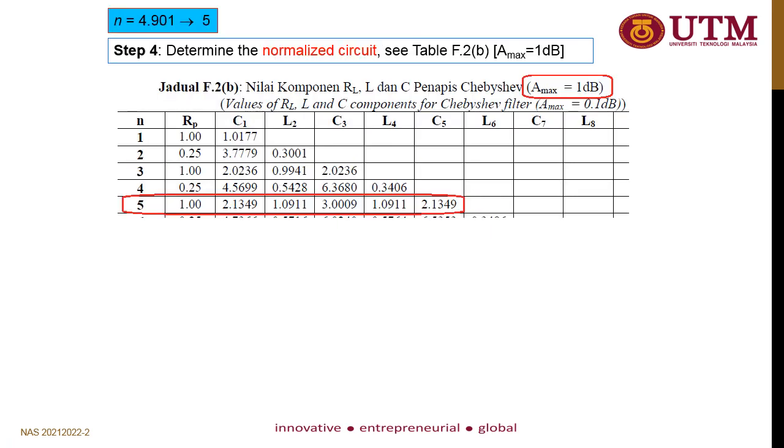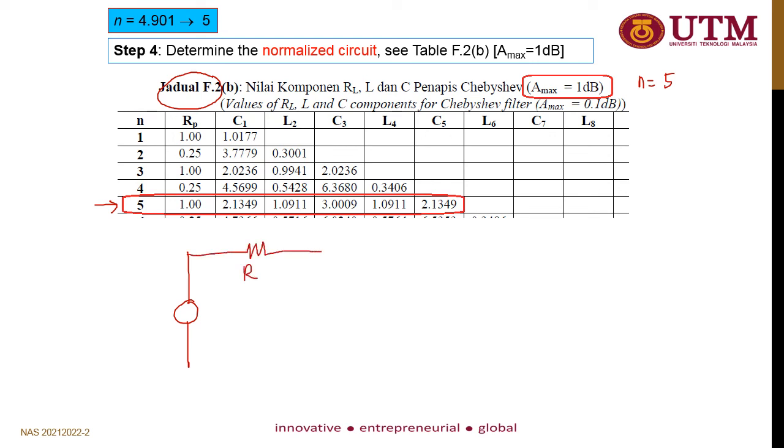Okay, next, if the question asks you for the normalized circuit, again you need to remember your n equals 5 in this case, and Mx equals 1 dB. So refer to table F.2b for Mx equal to 1 dB, n equal to 5. Then you need to draw the general circuit sequence depending on how many components you have.